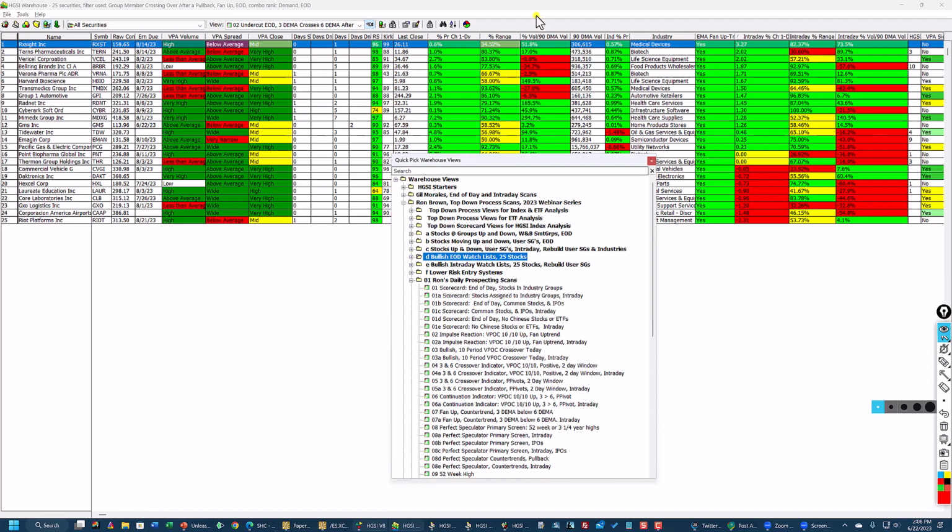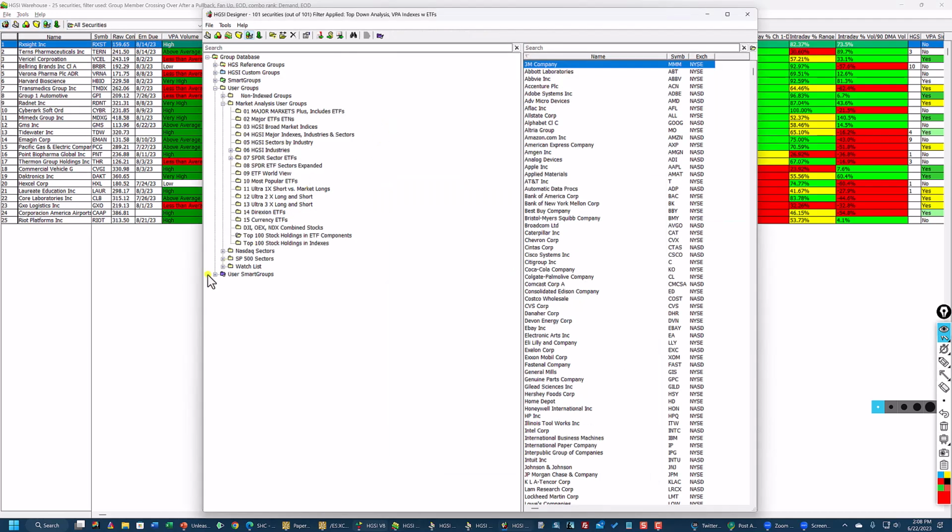So what I decided to do is, rather than having them just in here under A, B, C, D, and so on, I decided to put them under User SmartGroups.